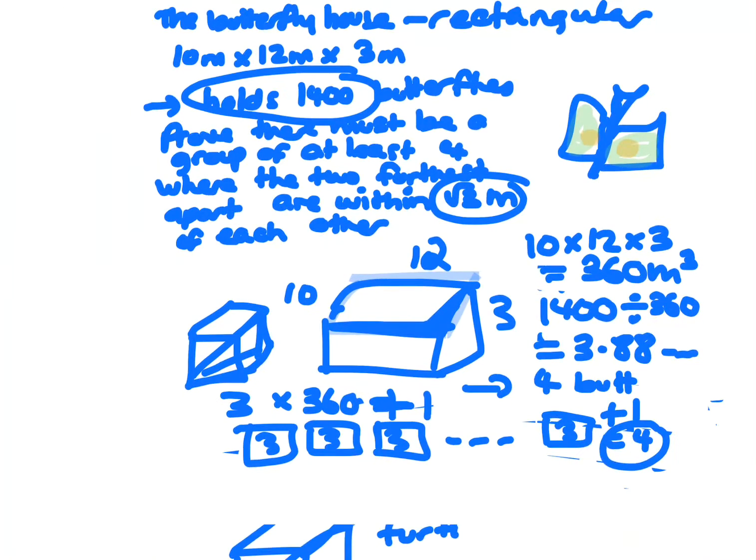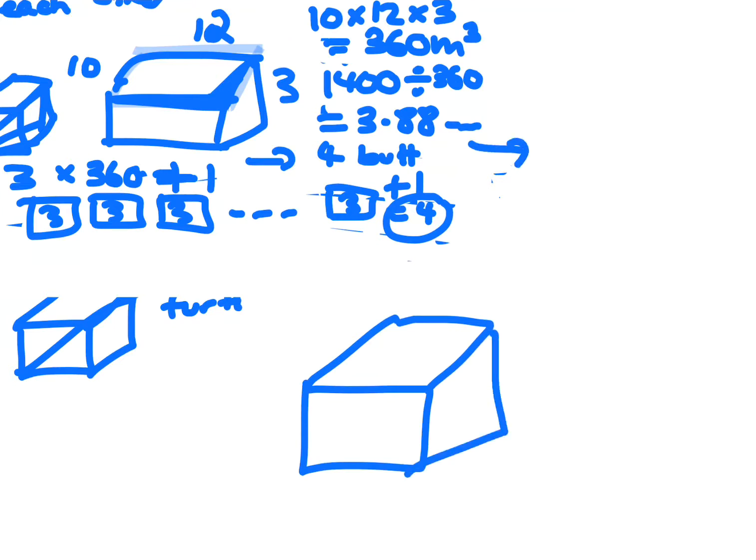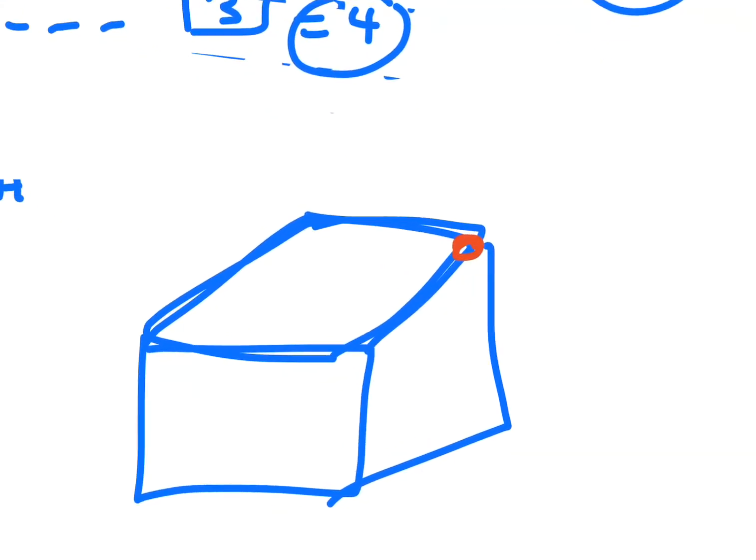Now, if you did have 4 butterflies in 1 cubic meter, because it's 3 rounded up to 4, if you could guarantee that in one of the cubic meters there was 4 butterflies, then the biggest distance that it'd actually be apart would be from this diagonal all the way down to this diagonal.